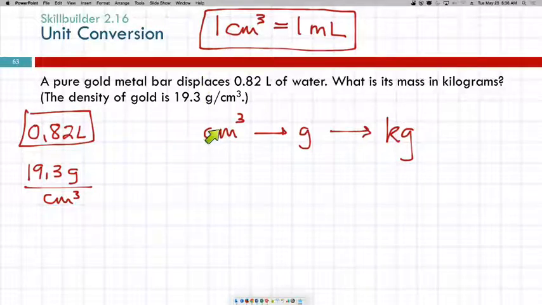Yes, because here we've got liters, and with metric prefixes, we could go from liter to milliliter, and knowing that those are the same, we could go from milliliters to cubic centimeters. So the missing thing in here is milliliters. It's not the only way you could get there, but it's what we're going to do. Any questions about how to get the path?